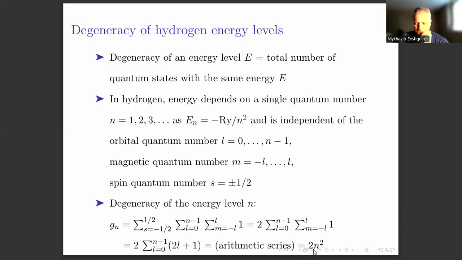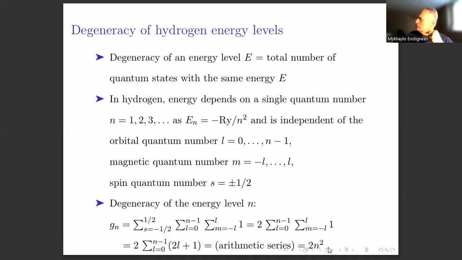So this means that the degeneracy of the ground state in hydrogen, ground state means n equals 1, the degeneracy of that state is 2. The electron can exist in the state with spin up or spin down, but its orbital angular momentum has the value 0.